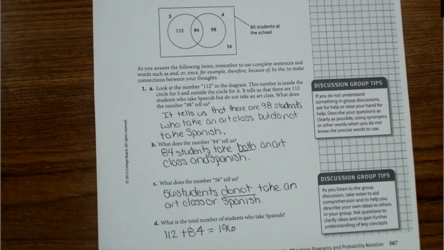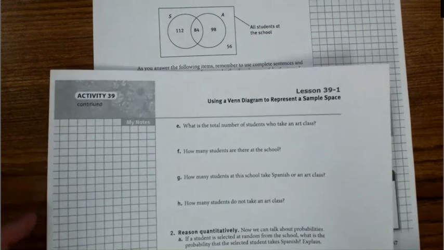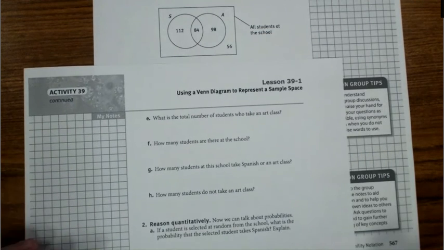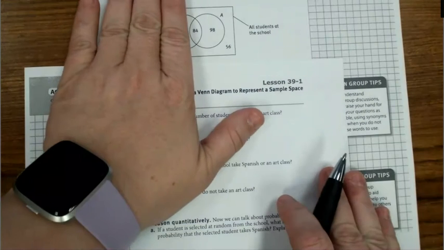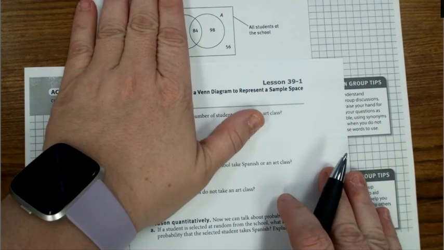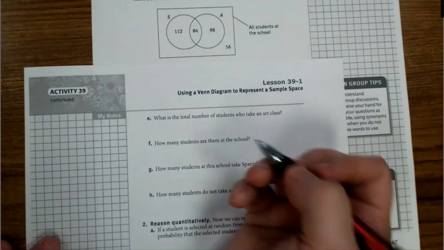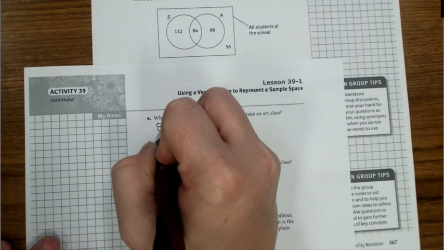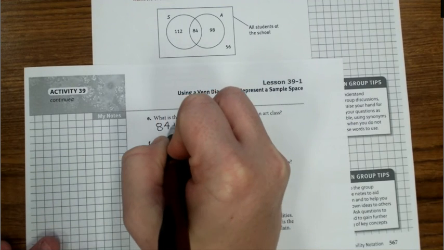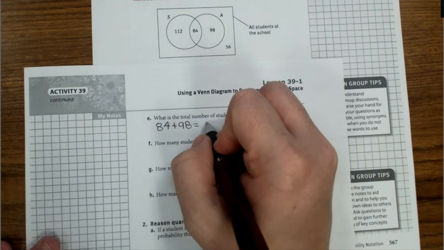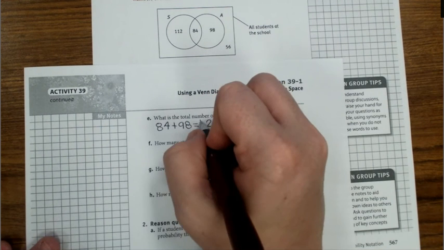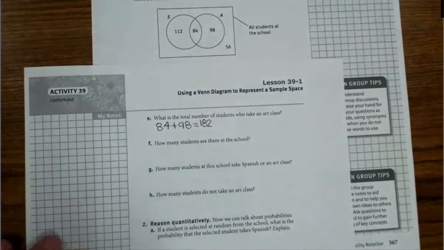I'm going to cover up the bottom of this page so we can still see our picture here. It says, what is the total number of students who take an art class? Now, this time I'm including everything in this circle. So 84 plus 98. I'm getting 182.